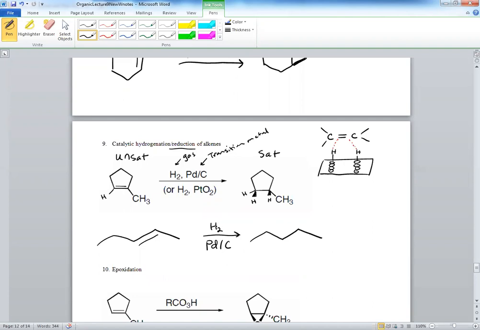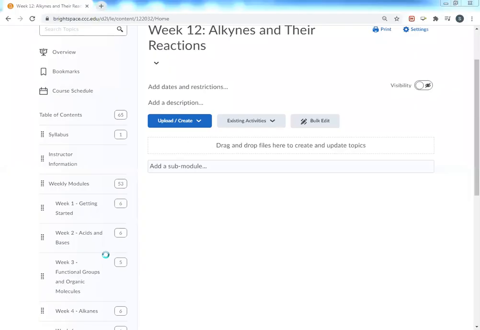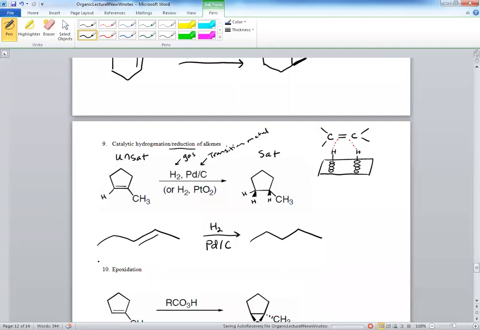Now, sometimes I may include excess, sometimes I may not. So I'll put excess just to tell the students, but generally you have enough hydrogens to get rid of multiple and multiple double bonds. So if I have H2 Pd/C, and I'll make it easier for you.